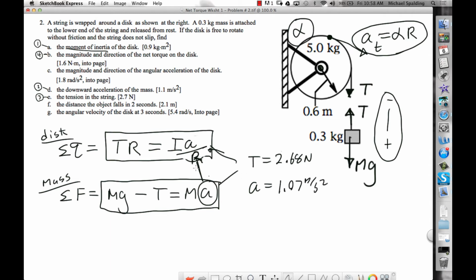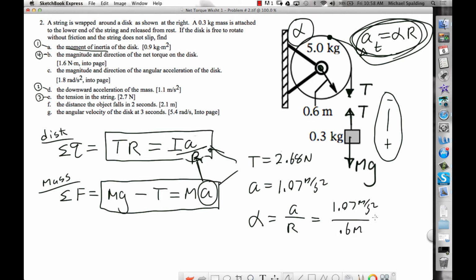Then let's do the angular acceleration. Using this equation, the angular acceleration is the linear acceleration over the radius. So 1.07 meters per second squared over the radius of 0.6 meters comes out as 1.8.